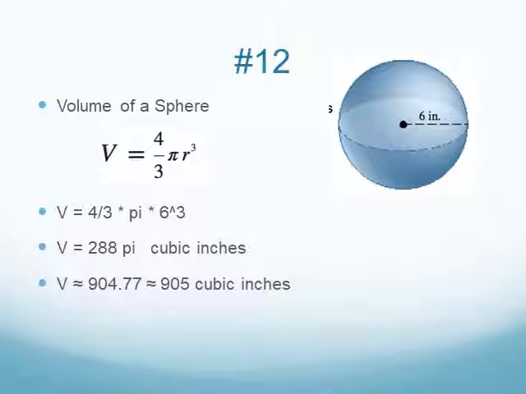Wow, I keep doing that. And so I got 288, and then I wrote my pi with it. Okay, units, again, this is volume. Volume means my units have to be cubed. Cubic.